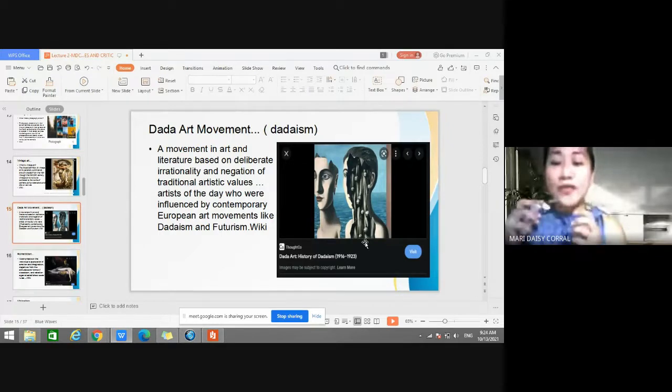Because their concepts, the way they feel, the way they think, their experience were mixed together, and they came up with this kind of distorted art. Okay, that's the way they rebel against this war movement. They don't like the war, so they came up with this kind of art.